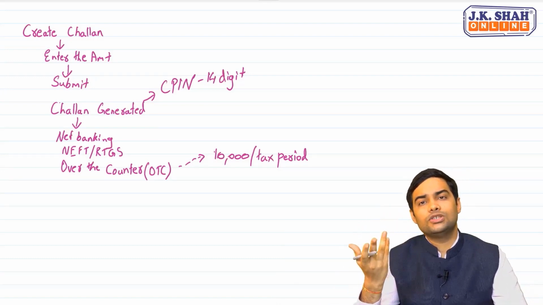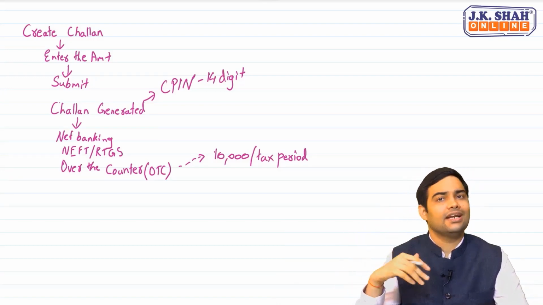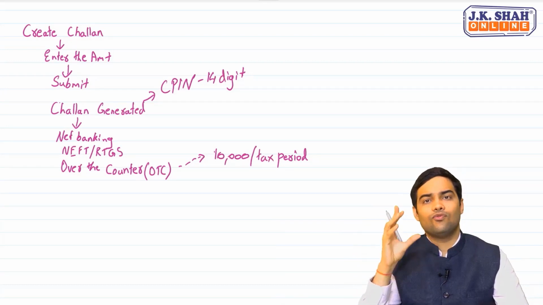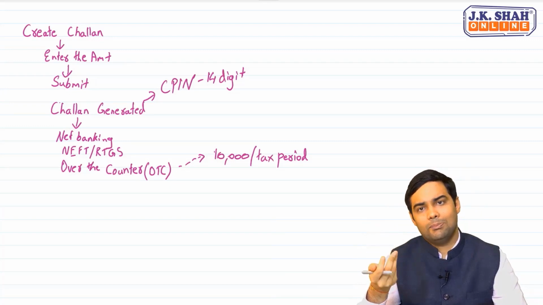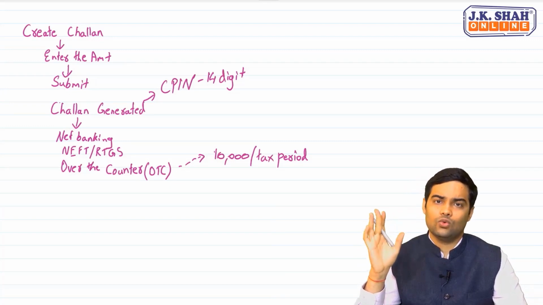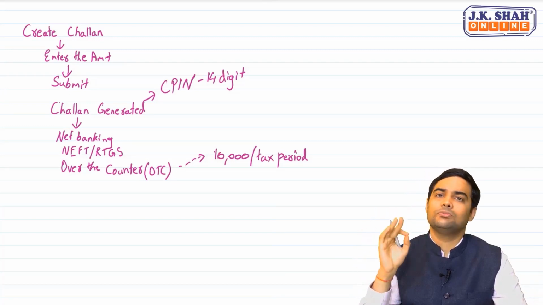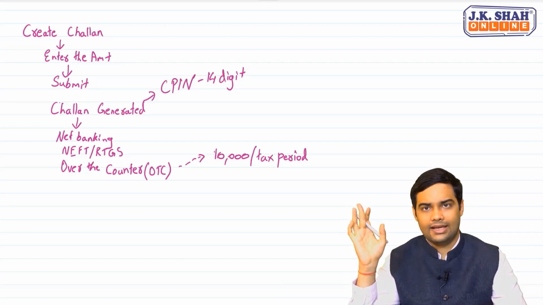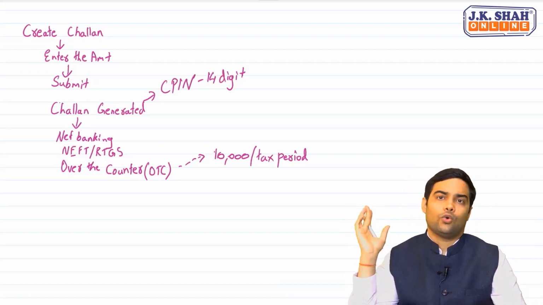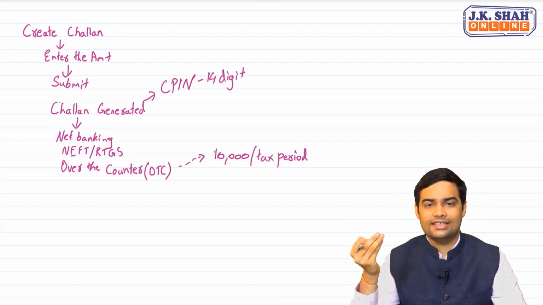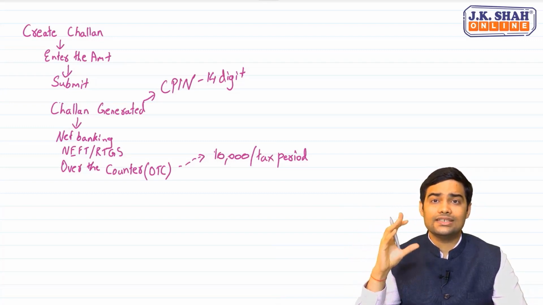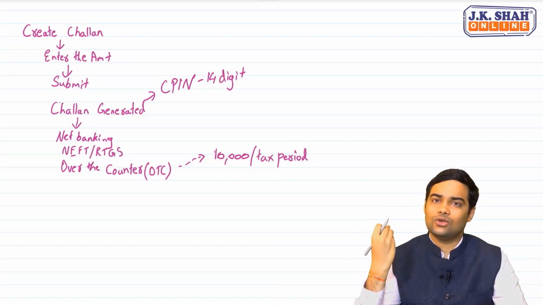For a composition scheme, what is the tax period? Quarterly. So, for a tax period up to 10,000 per tax period, you can pay over the counter. Over and above this, it has to be NEFT, RTGS or net banking.